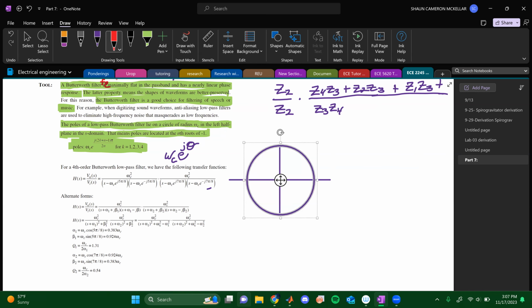Okay, so looking at the fourth order Butterworth low pass filter here, it has this following transfer function. And really what I see is S minus a complex number times S minus its conjugate. Does anybody know how I identified it as the conjugate?